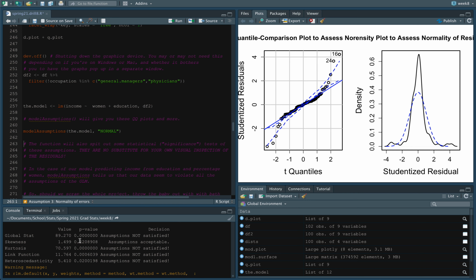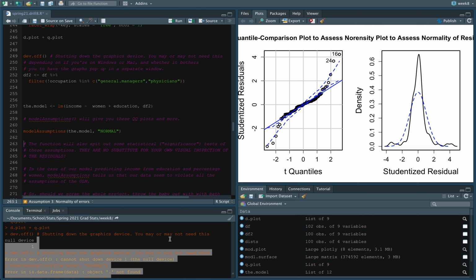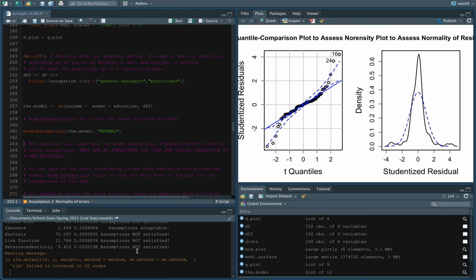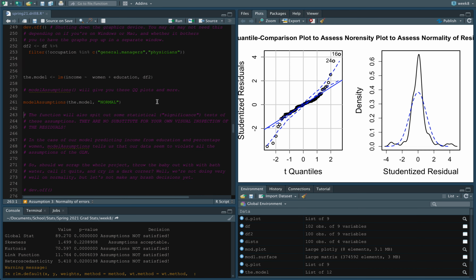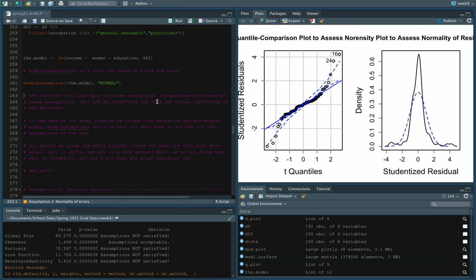These p-values all go down as your sample size goes up. That's why we're telling you not to only look at this and say, nope, it's no good. Instead, you still need to actually look at these plots, think through these things, and then make the call about whether or not assumptions are violated.